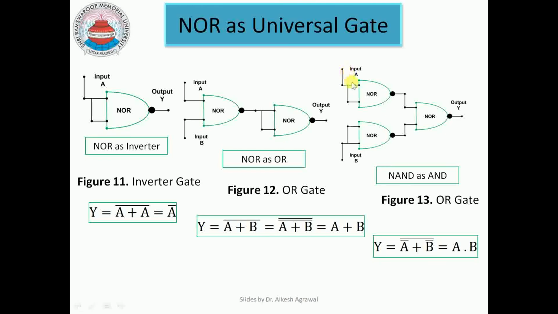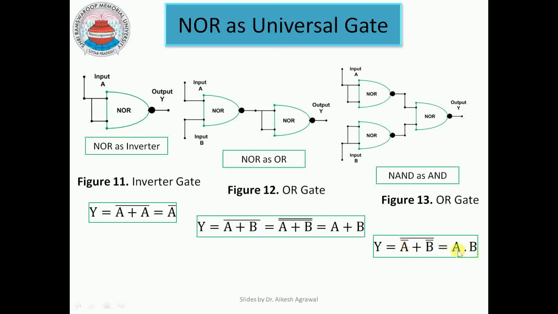Here with the first gate, input A is inverted, and with gate number 2 input B is inverted. So in the third gate we have (A inversion or B inversion) whole inversion. Again applying De Morgan's law, this OR is changed to AND.